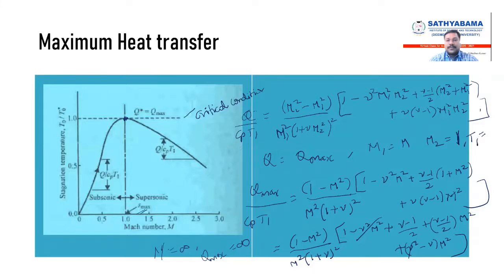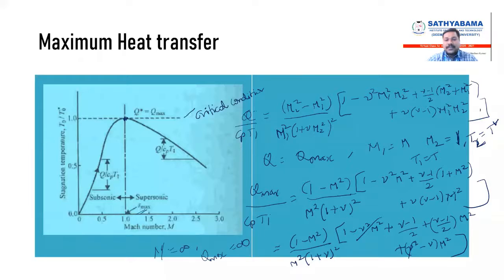You have T1 on the left hand side, but T2 becomes T star, and T1 remains T, right? So what we have finally, on substituting this, M1 is equal to M and M2 is equal to 1. So finally we have T2 is equal to T star and T1 is equal to T.